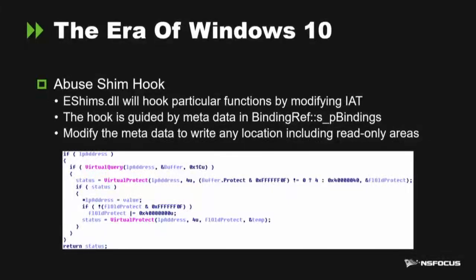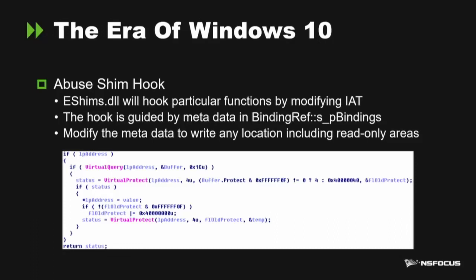So let's see the last feature that can be abused, that is the shim hook. Shims.dll will hook particular functions by modifying the IAT. This is a very powerful feature because it can modify read-only data. You can see this code snippet.